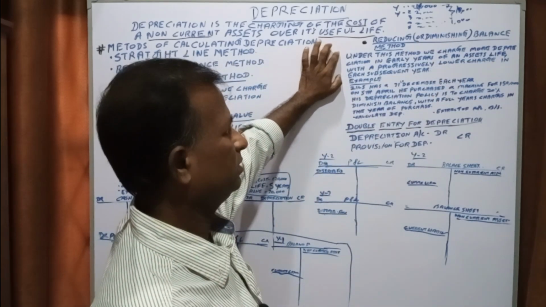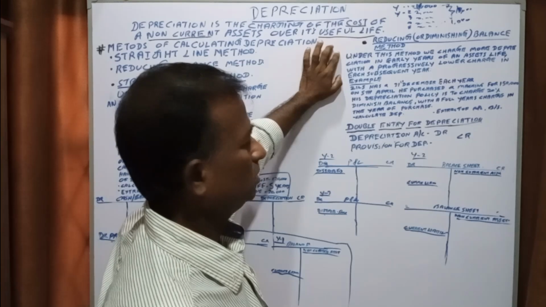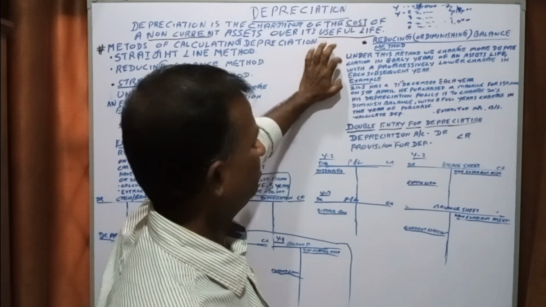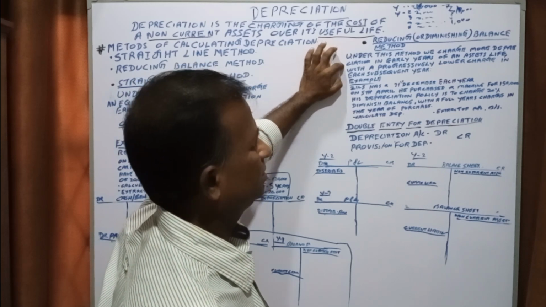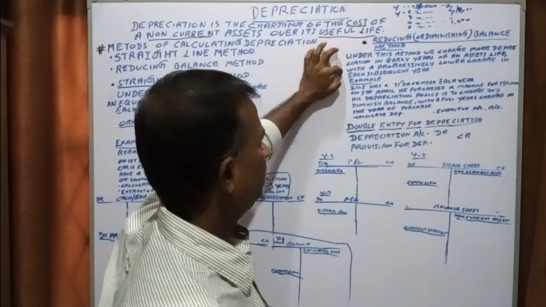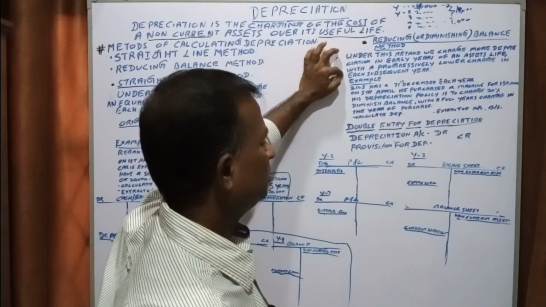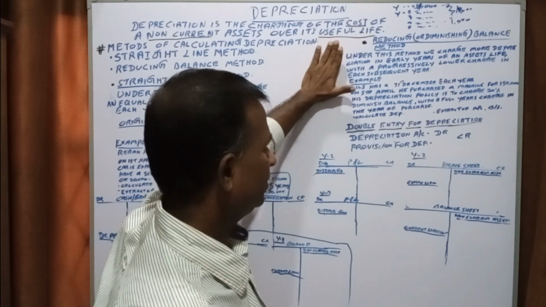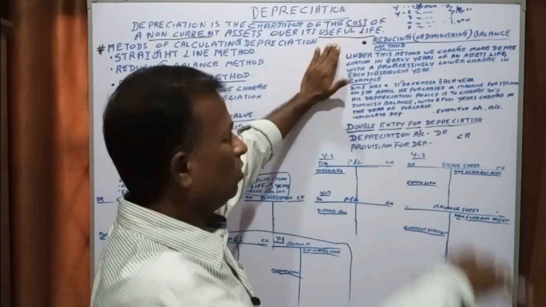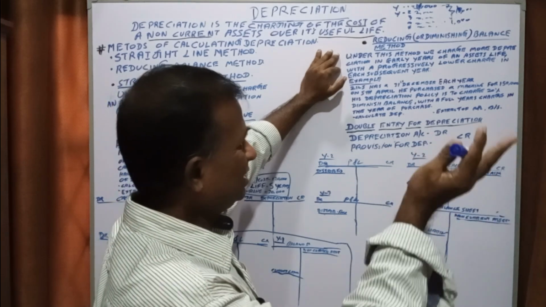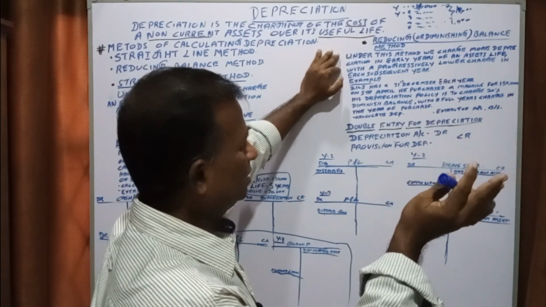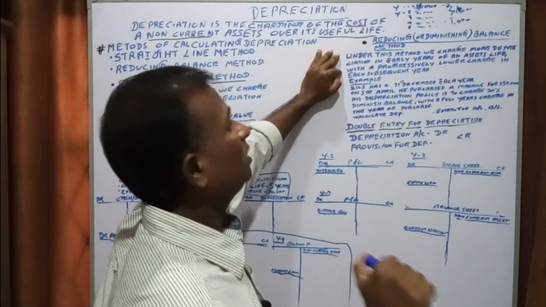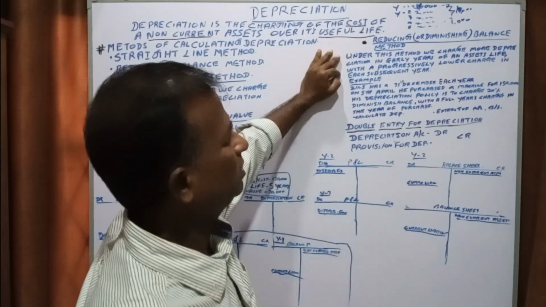Under this method, we charge more depreciation in the early years of an asset's life, with a progressively lower charge in each subsequent year.